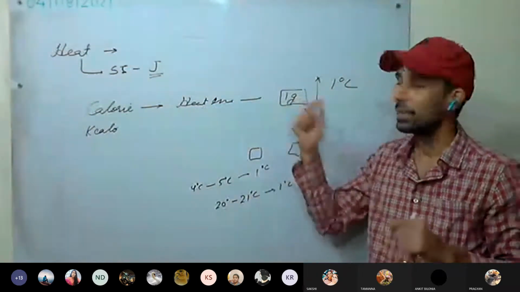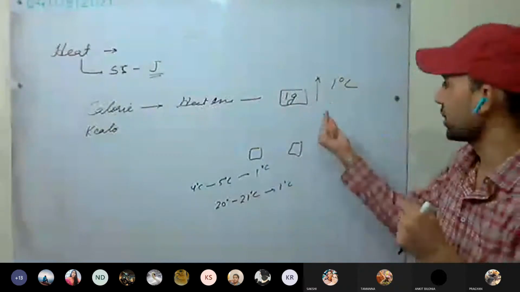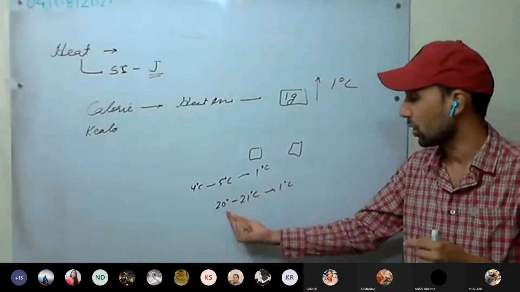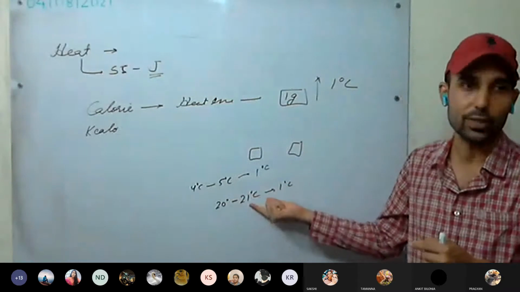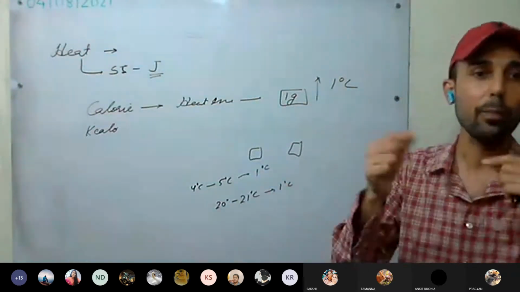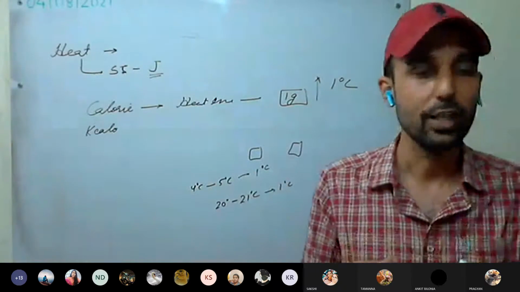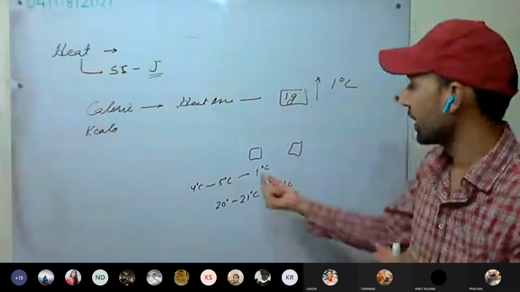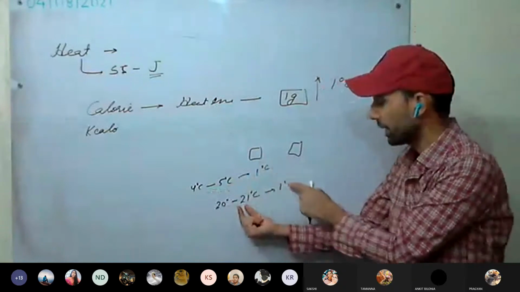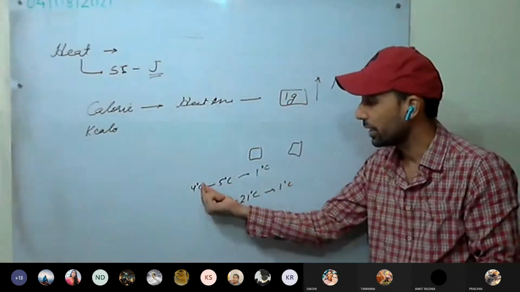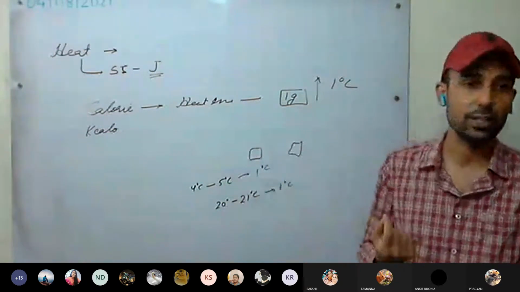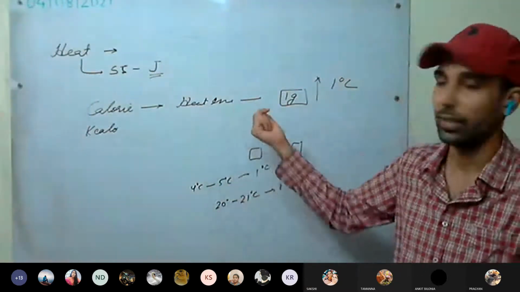There is a little variation, because of the anomalous expansion of water. For every substance, if the initial temperature is different, the amount of heat energy required is different, so the calorie will be different.